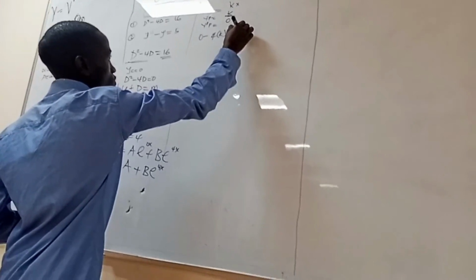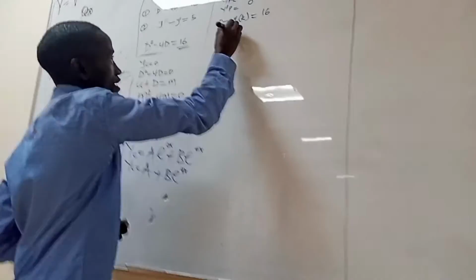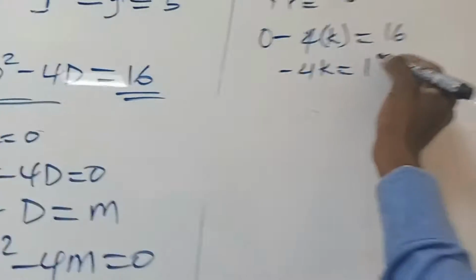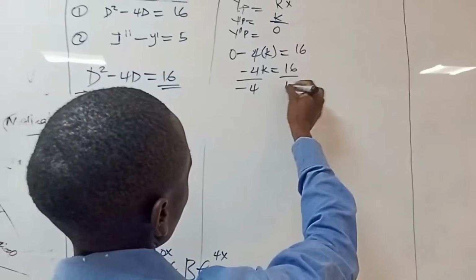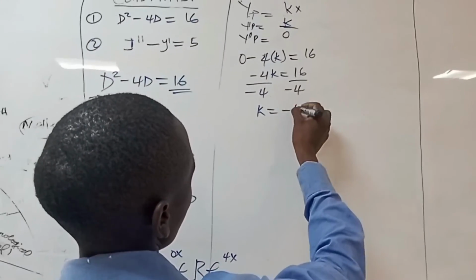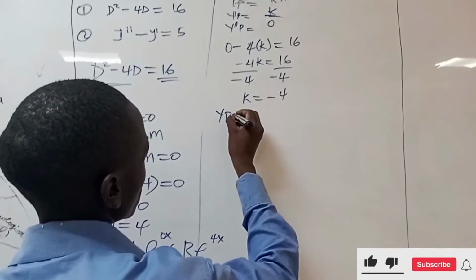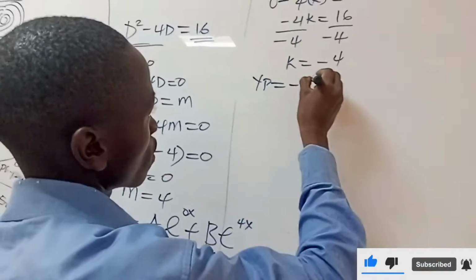Then this one you equate with 16. So as again you are able to see, you have negative 4k is equal to 16. Divide through by negative 4, then you are getting your k as negative 4 also. So once again, your answer in yp is negative 4x.